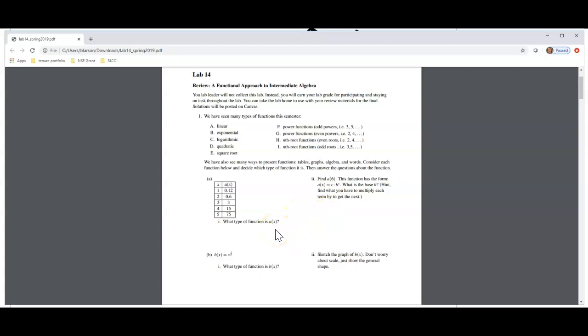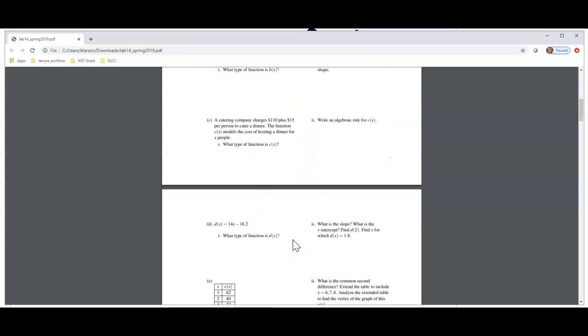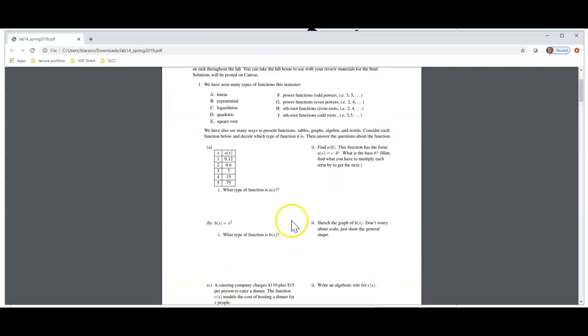Because like I said, there are a few types of functions that we didn't talk about this semester, that are going to be in this lab, and so I'll go back through there. But it's going to take you back and think about some of the things that we talked about at the beginning of the semester, all these different types of functions that we were dealing with.